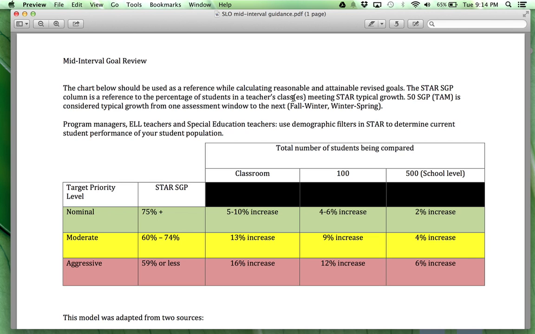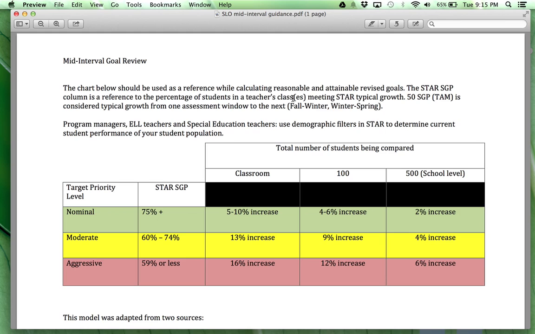I have attached for you here a sheet that will also be uploaded into the Educator Effectiveness website that I've put together. On the sheet, you can see that there are various growth goals that we're after, depending on where your kids currently sit in terms of their growth as a class. And there's a couple of things that I'd like to point out here.